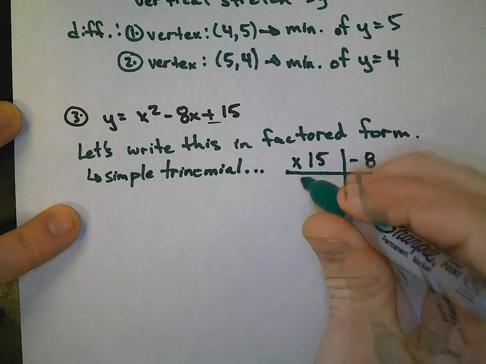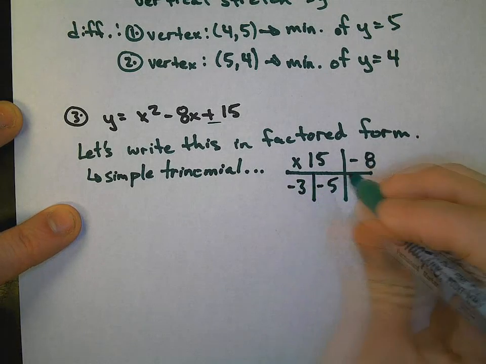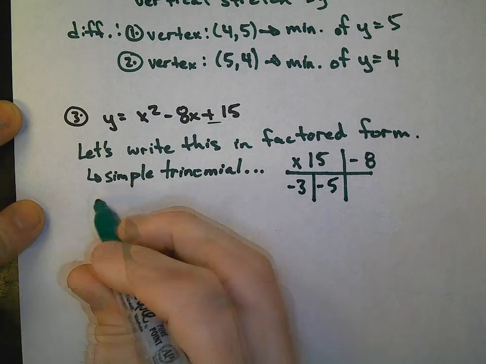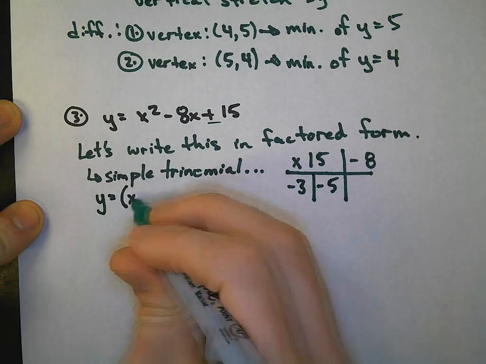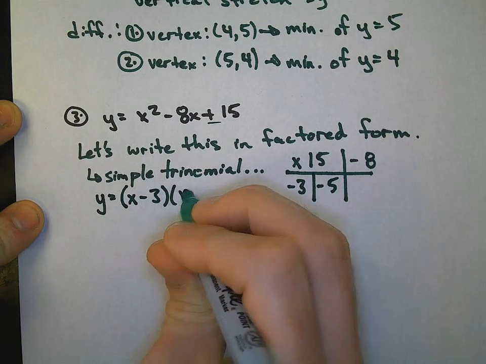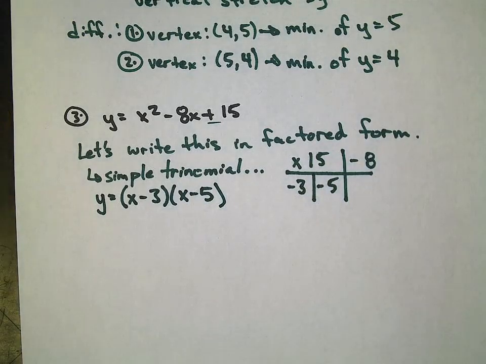And if we were to determine those two numbers, that would be negative 3 and negative 5. And because this is a simple trinomial, we can simply say that this will be (x minus 3)(x minus 5), and now this is in factored form.